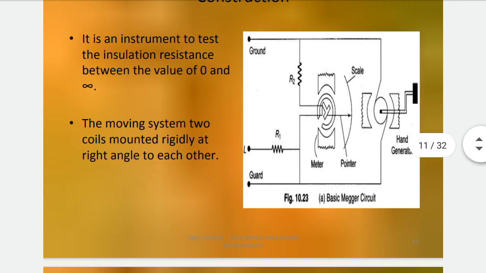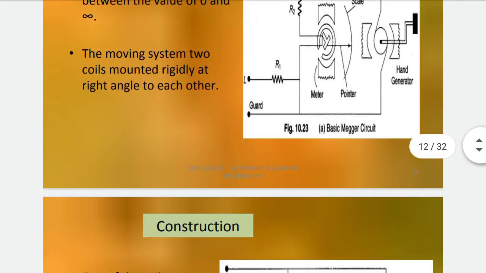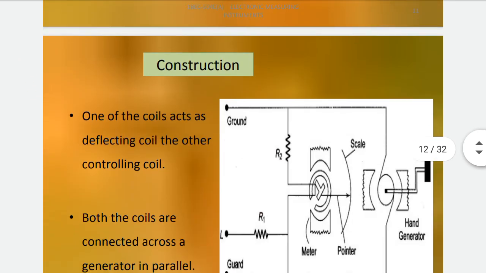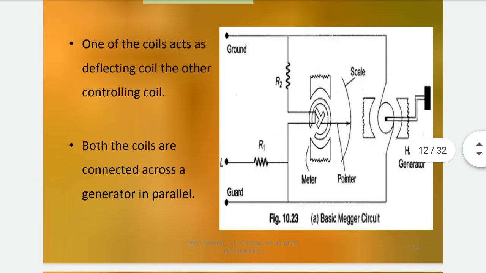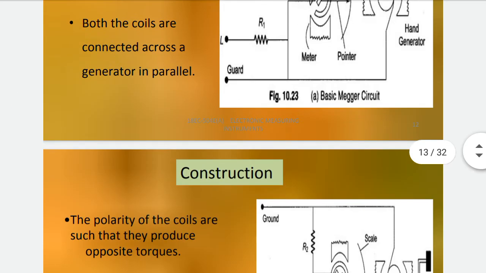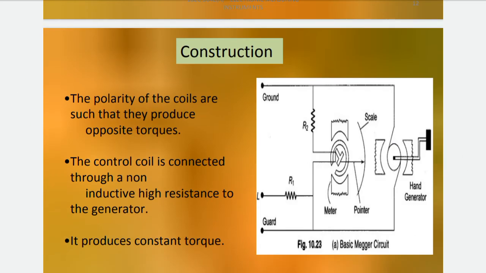The moving system consists of two coils mounted rigidly at right angles to each other, that is 90 degrees apart. One of the coils acts as the deflecting coil, the other as the controlling coil. Both the coils are connected across the generator in parallel. The polarity of the coils is such that they produce opposite torques.